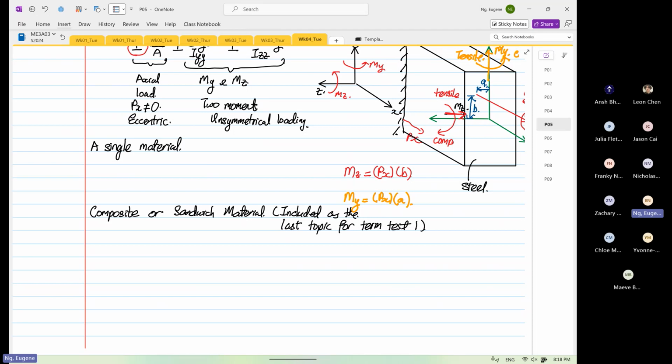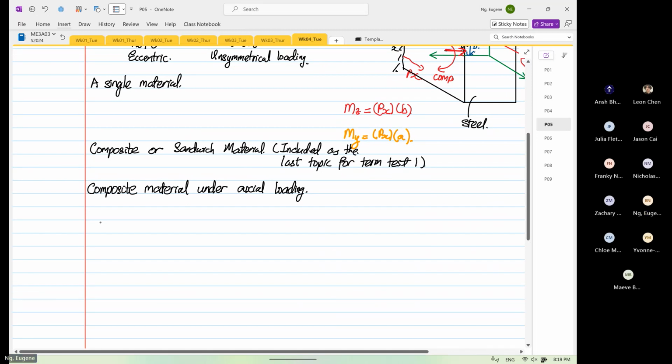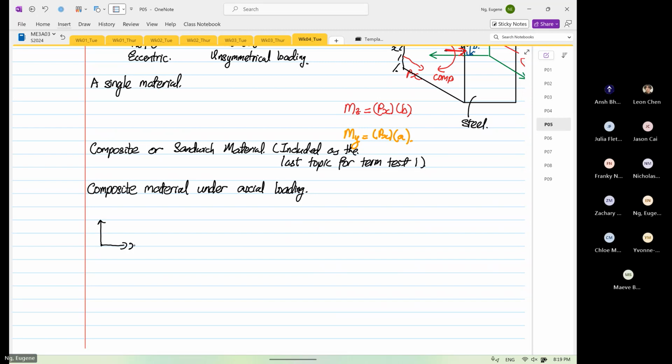So let's focus on composite material under axial loading. We have our x, this is our y, and we have our rotation about z.